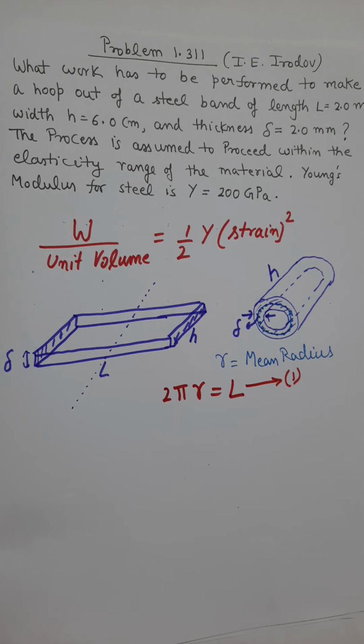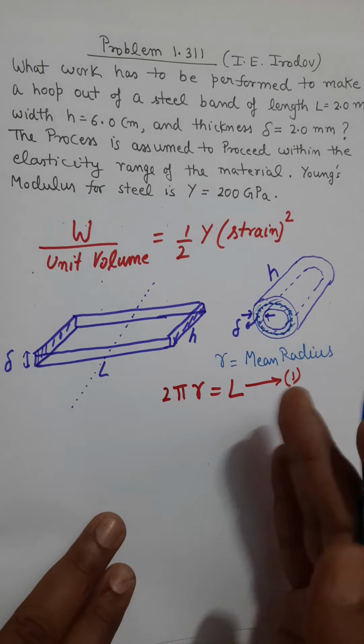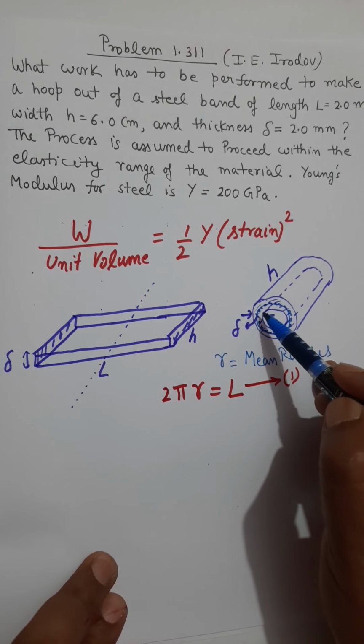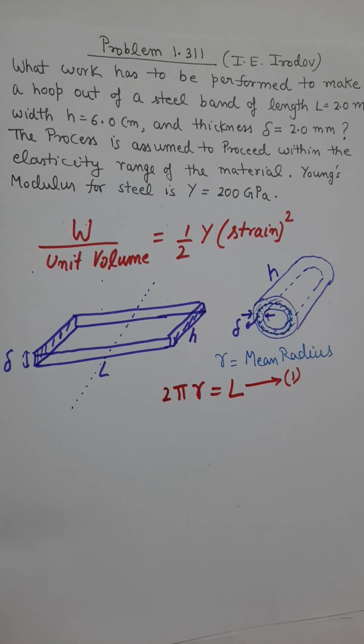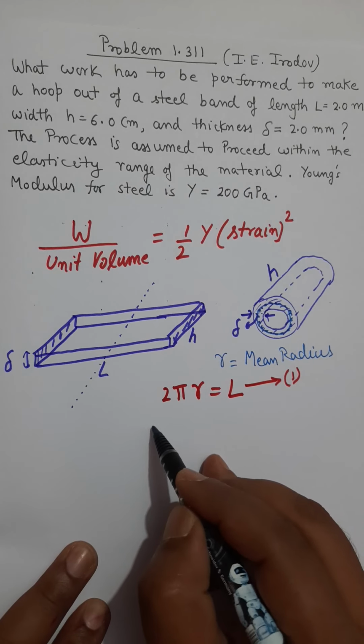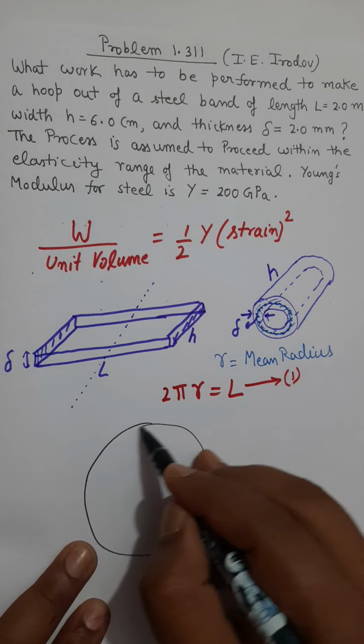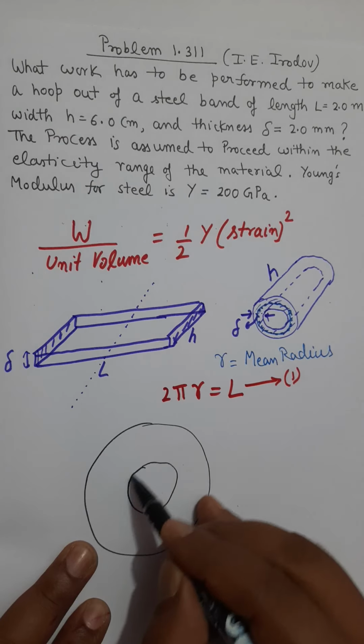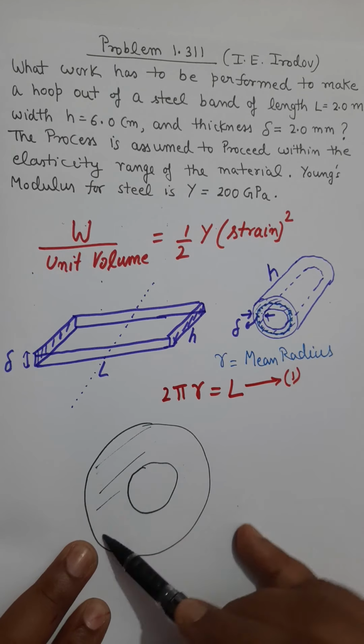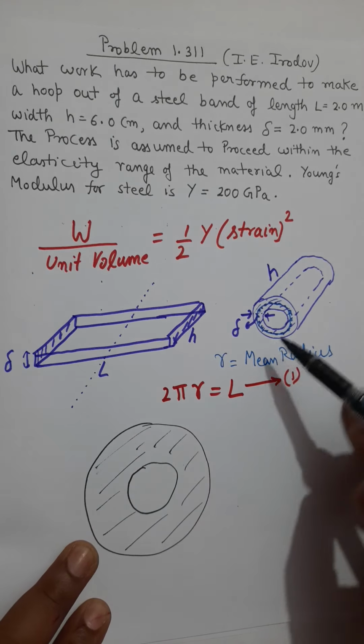I will redraw the figure with an enlarged, magnified view, and I will just draw the cross section portion to have a better understanding. The figure will look something like this.